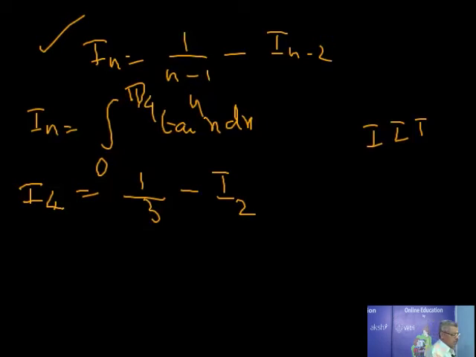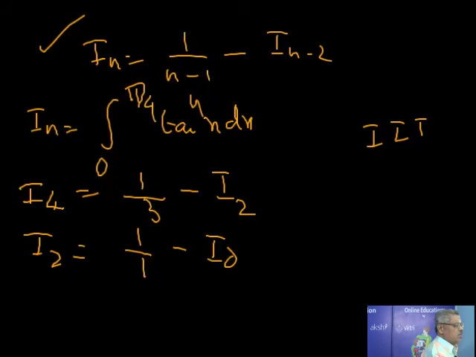To find I4, we require I2. That is the successive reduction. We find I2: put n is equal to 2, we get 1 by 1 minus I0. Finding I0 is very simple. Once you know I0, I2 is known, I4 is known.